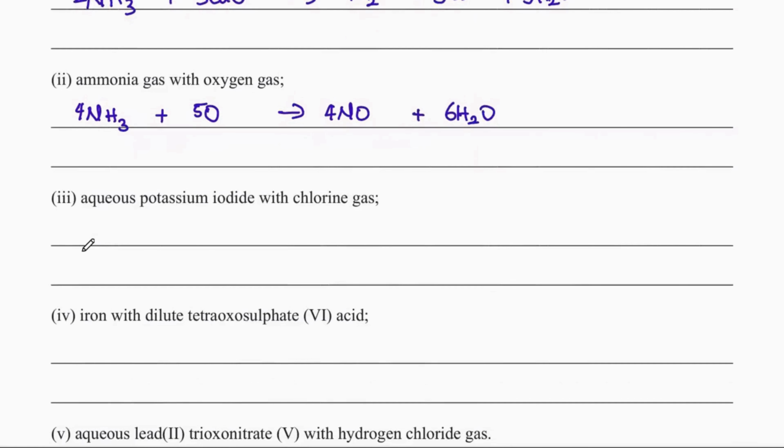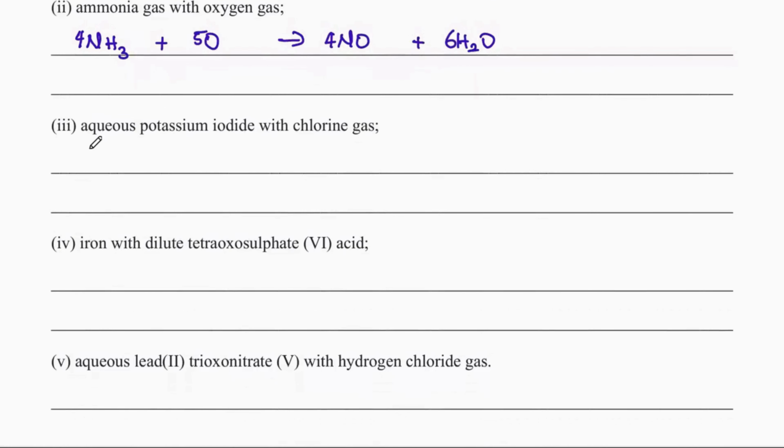Now the next is potassium iodide with chlorine gas. We have potassium iodide plus chlorine to give us potassium chloride plus iodine molecule. To balance this, because of the iodine, we're going to have 2 here, our chlorine will be chlorine 2, then our potassium will also have 2 here.